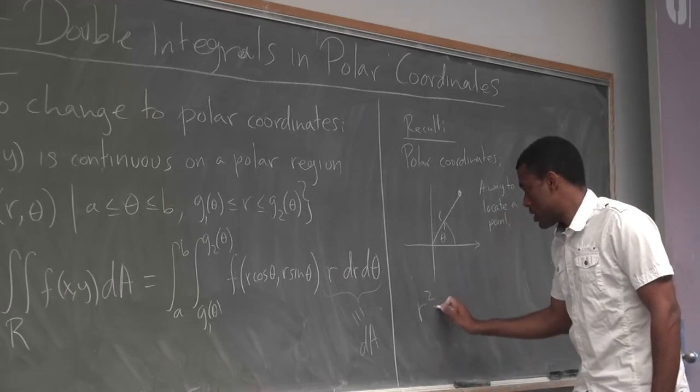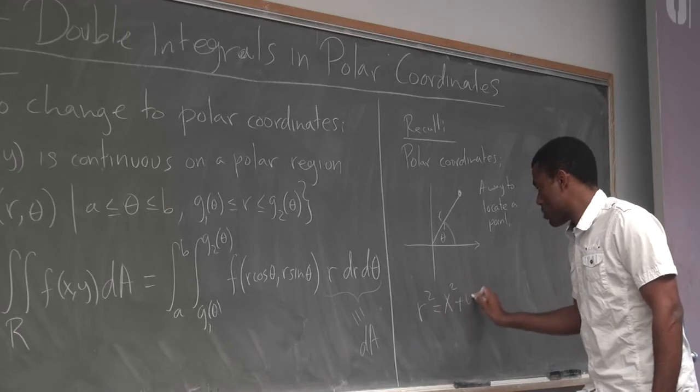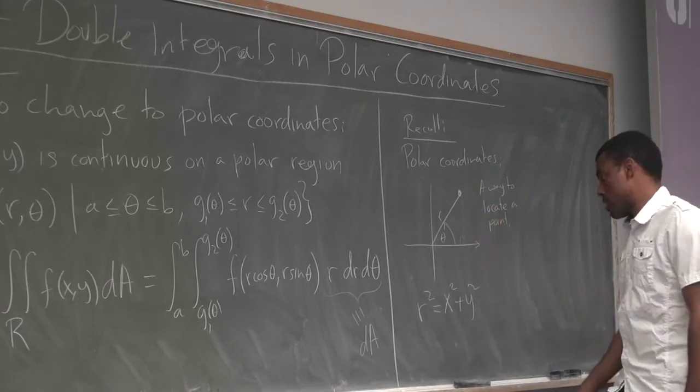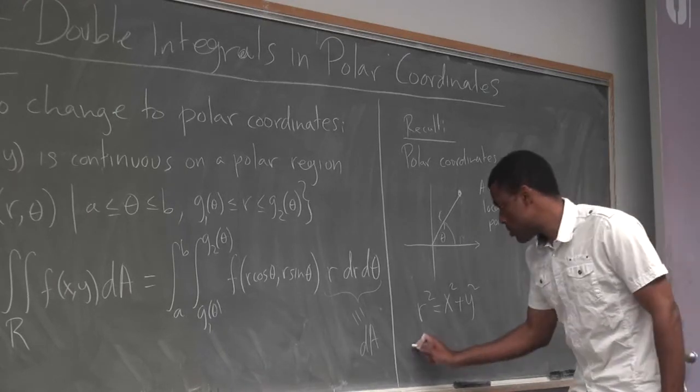Here we can show that r squared is equal to x squared plus y squared. This follows by Pythagoras' theorem.